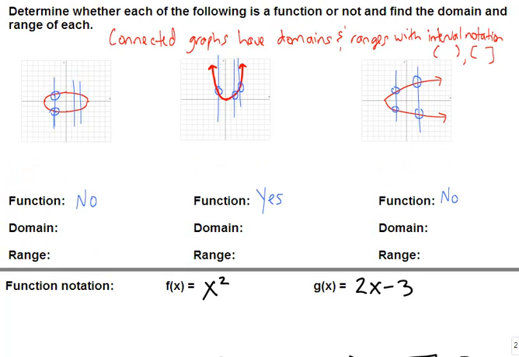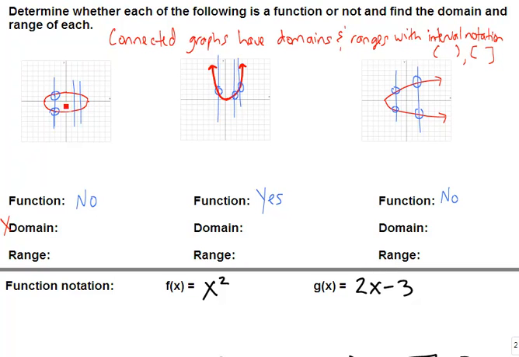When you think about your domain, remember that domain is x's. So we want to think about what x's this graph is going through. And when you think x's, you want to kind of think along that x-axis. Think left to right. What point on the left does my graph sort of start at, and what point on the right does my graph sort of stop at? So what x's do I go through? And in this example, our leftmost point starts at -4, and it goes all the way up to +4.